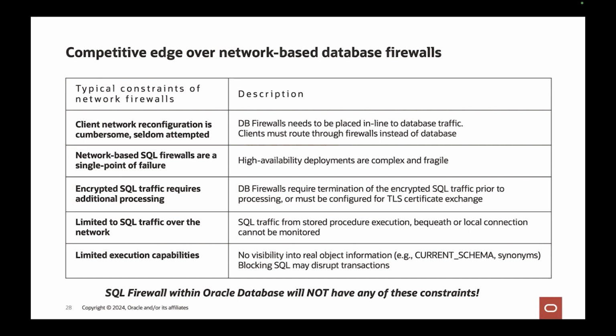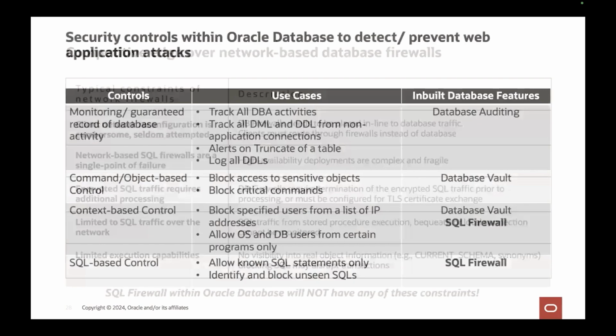It also has limited enforcement capabilities because it cannot give you the real object information. For example, current schemas, the synonyms, it usually has that limitation that it cannot resolve those things. Now, SQL Firewall within the database will not have any of these constraints.